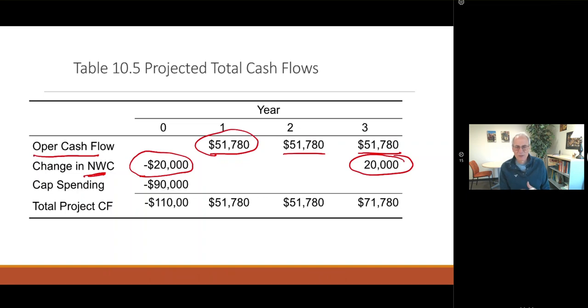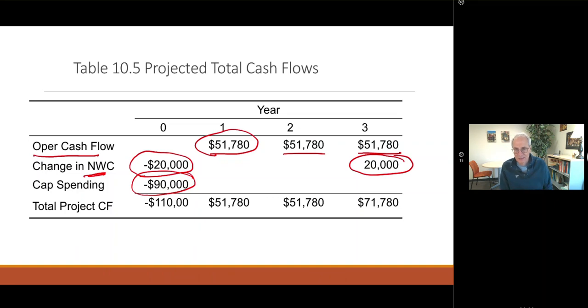I know sometimes it's hard to figure out the signs, but just think the change in net working capital means that your current assets went out. You had to spend 20,000 more than what you brought in from your current liabilities. So that's an outflow. Your capital spending is your original investment. It says you needed 90,000 in equipment, so you have to spend that.